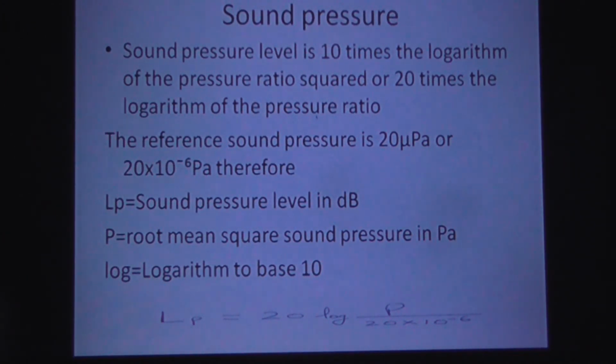The reference sound pressure is 20 micropascals or 20 into 10 raised to the power minus 6 pascals. Therefore, Lp is equal to the sound pressure level in decibels. P is equal to the root mean square sound pressure in pascals. Log is the logarithm to base 10. And friends, after that there is a formula: Lp is equal to 20 log P upon 20 into 10 raised to the power minus 6.